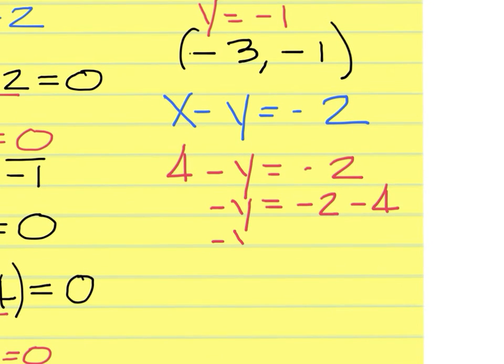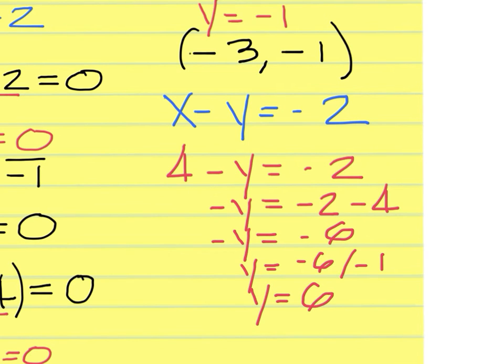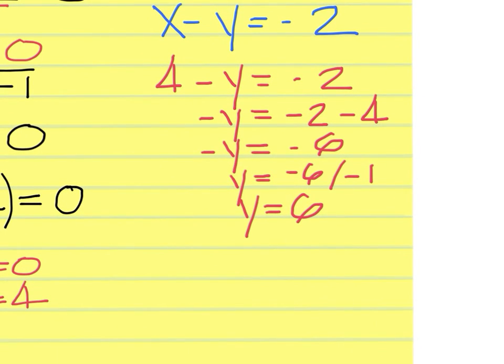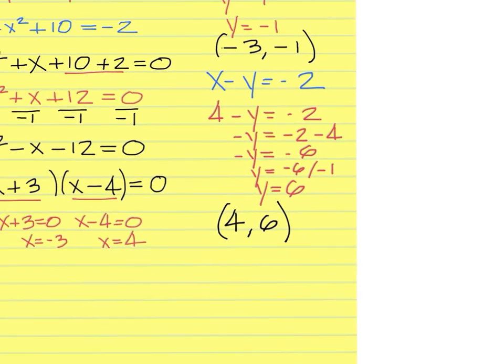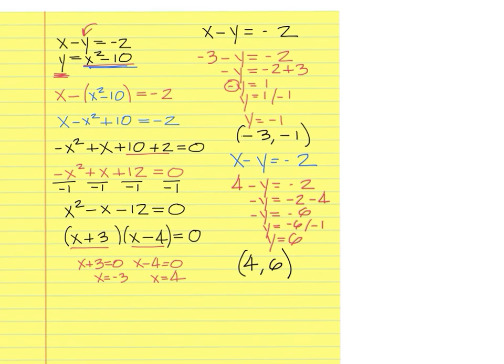And that would be -y equals -6. Divide the -6 by -1 and get 6. So you'll come out with 4 and then 6. So your solutions are -3, 1, 4, 6.